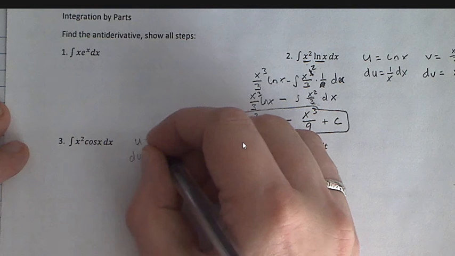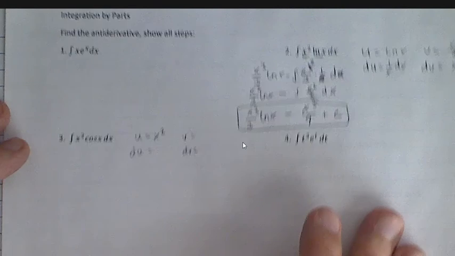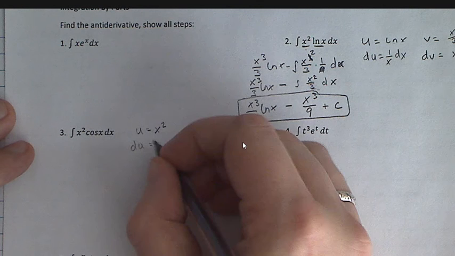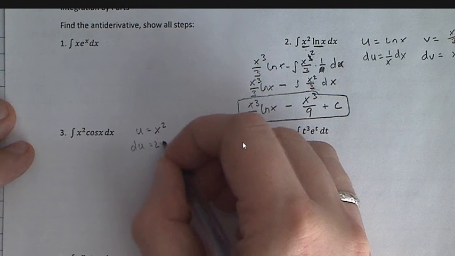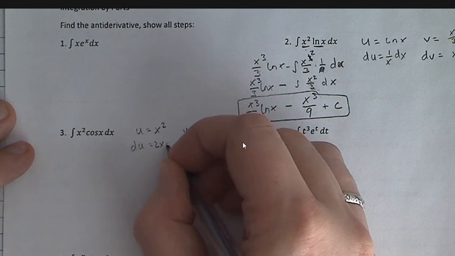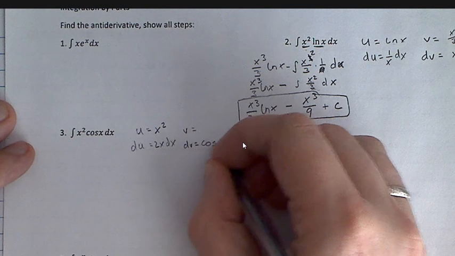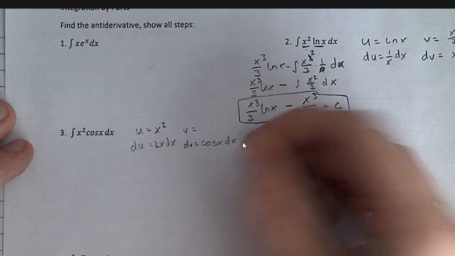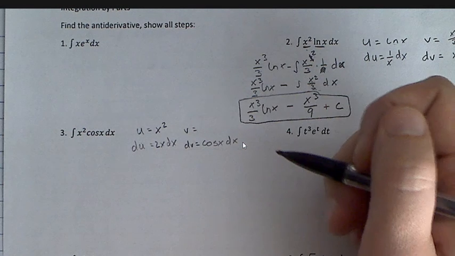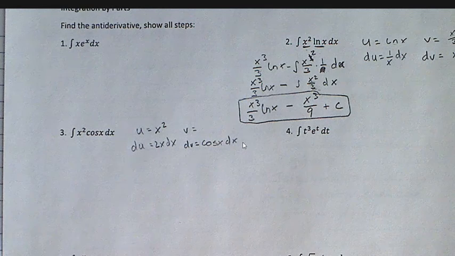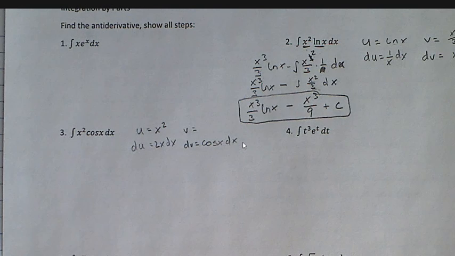So x squared is u, and then what does that make du? 2x dx. And then dv is cosine x dx, and that means v is the antiderivative of cosine x, which is sine x.